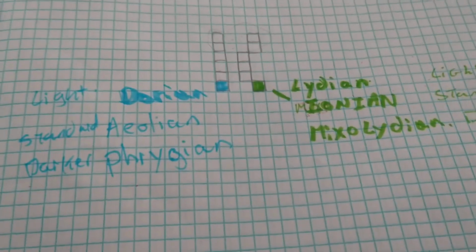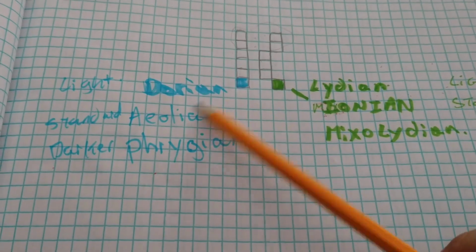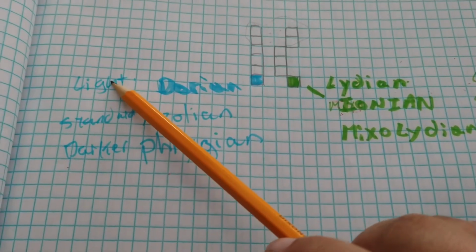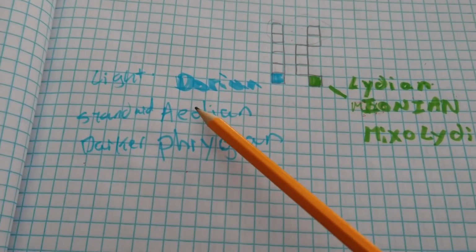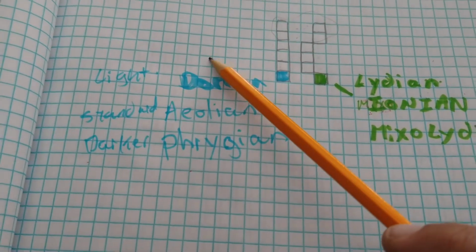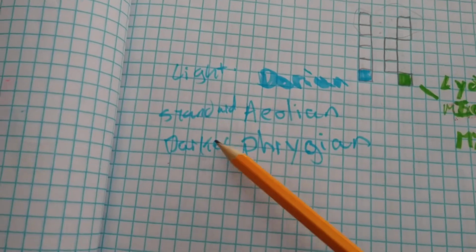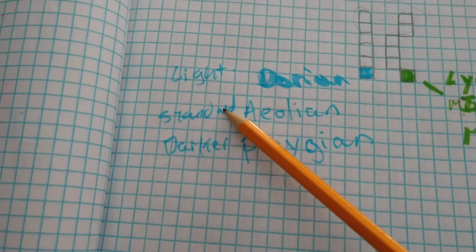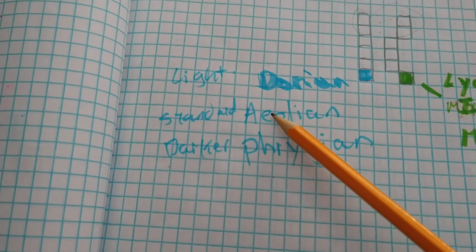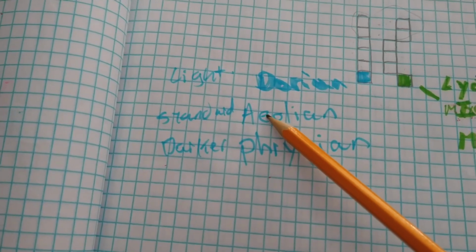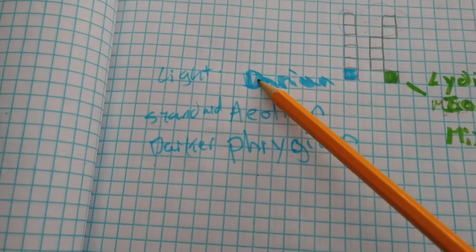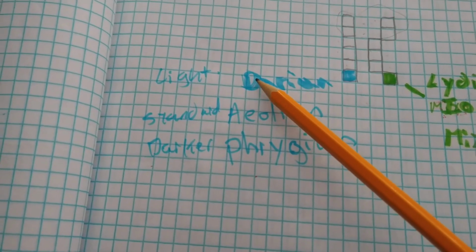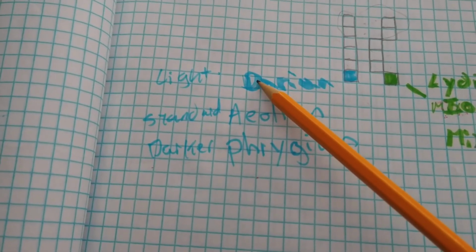So anyways, you'll also notice that I write it down this way: Dorian, Aeolian, Phrygian. You've got light at the top, standard, and darker, meaning this is your standard scale, this is your normal minor scale, and compared to this normal minor scale, the Dorian scale sounds like it has, just by using one note different, it gets a little bit lighter at the end of the tunnel.